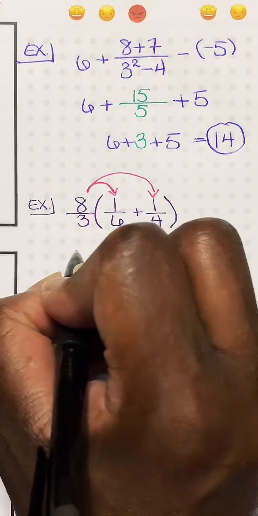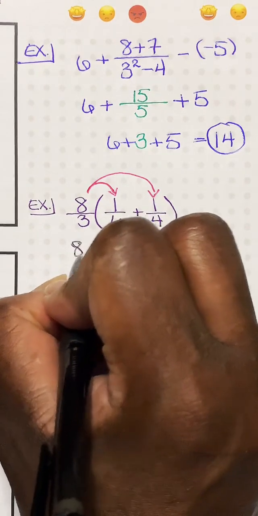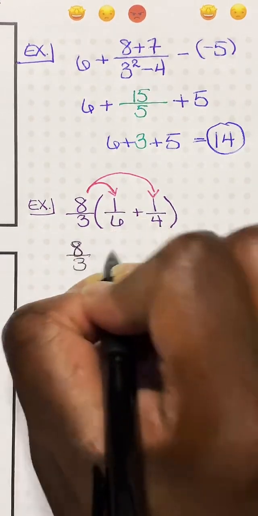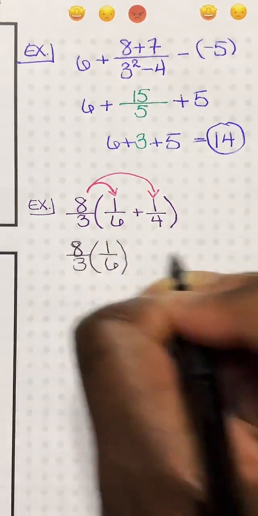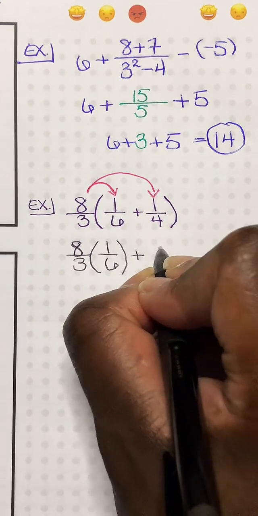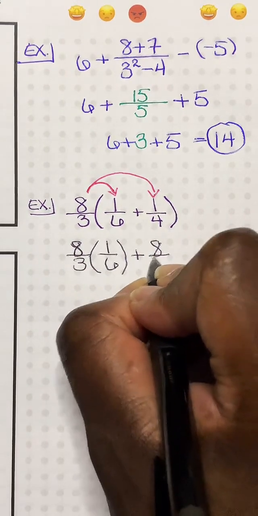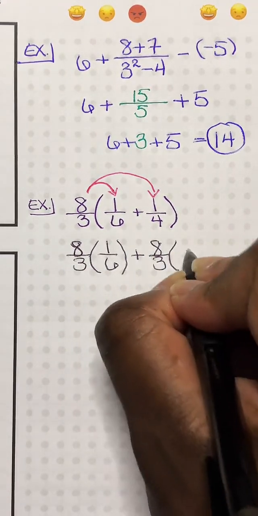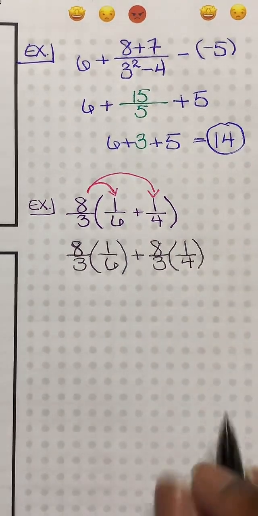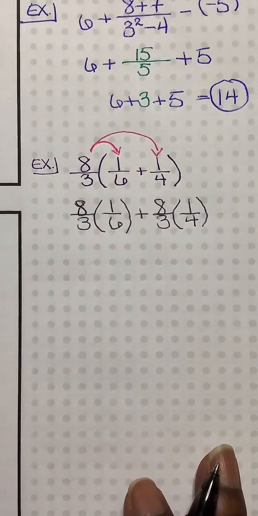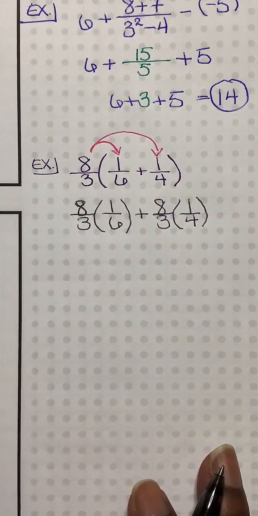So that means we're going to have 8/3 times 1/6 plus 8/3 times 1/4. Okay, remain calm. Continue your breathing. It's okay. Yes, we're going to do the distributive property. Good job. Sorry, I didn't see your comment earlier.